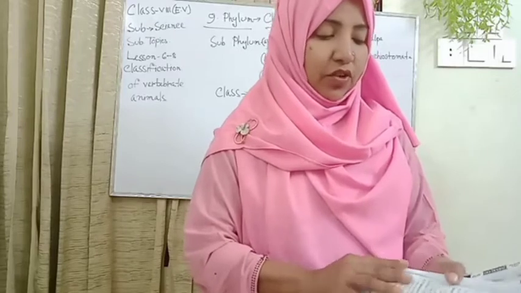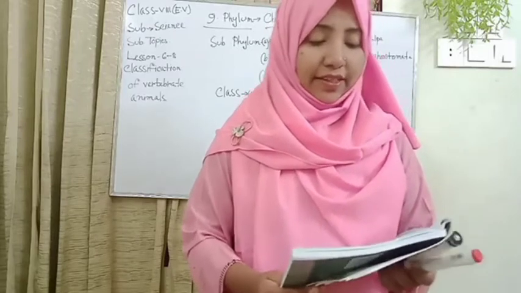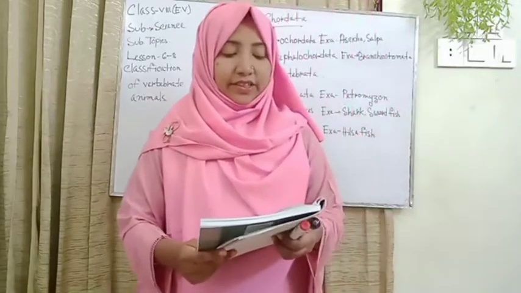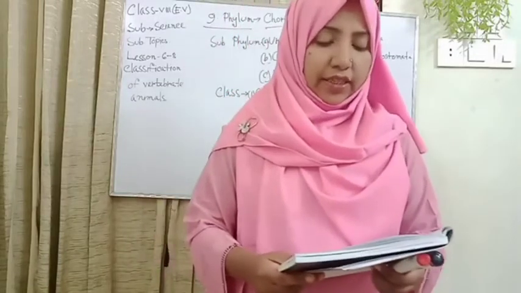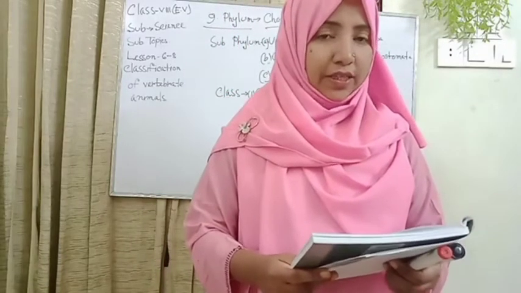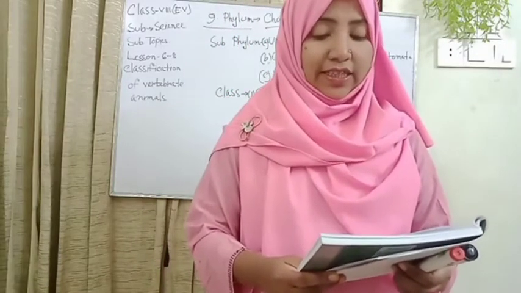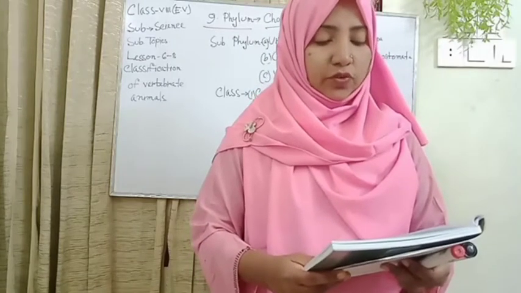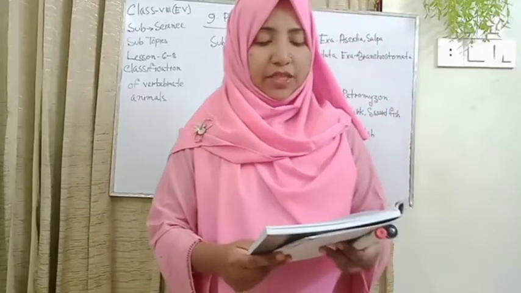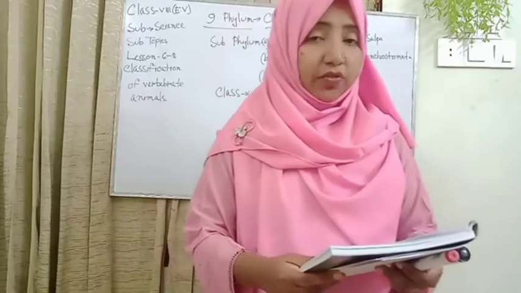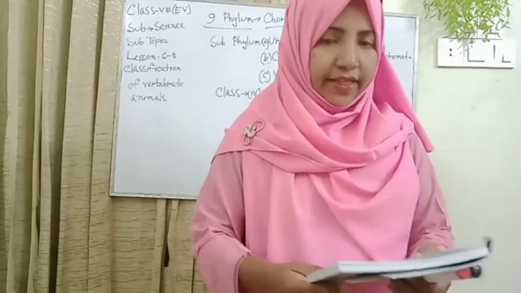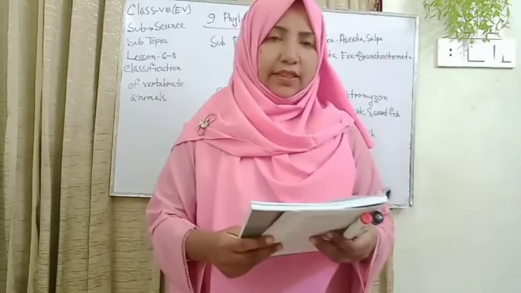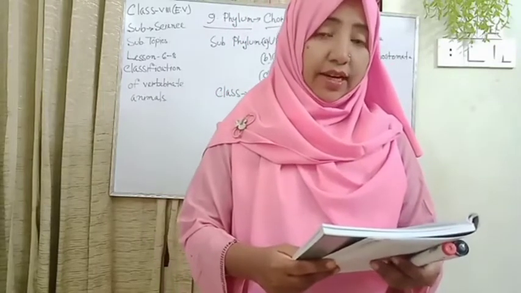Now, chordates and their general characteristics. First characteristic is the notochord, a rod-like, semi-rigid structure. It forms a stiffening body axis and exists throughout life or at some stage in the life cycle of each chordate. Second, a single dorsal tubular nerve cord.